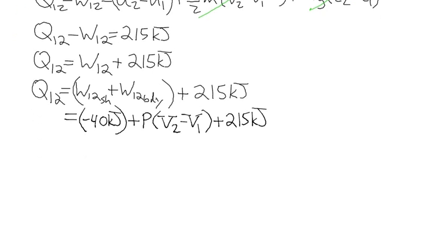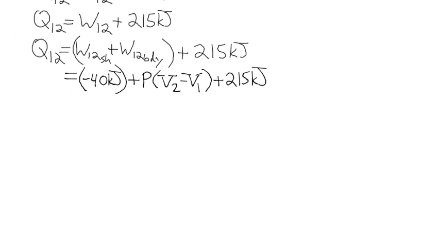All right. Now, we can go ahead and sum the 215 plus the negative 40, which is going to give us 175 kilojoules.